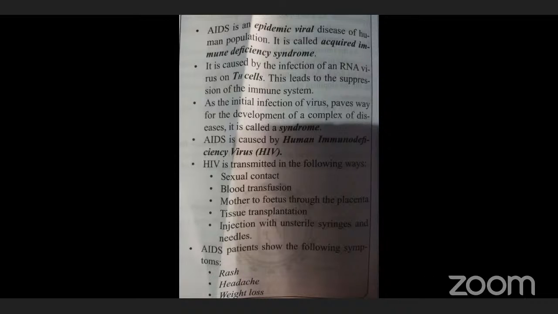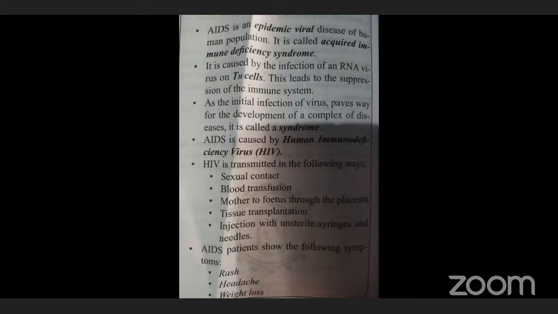This is a common one, it's easiest, but it is also an important question. AIDS is acquired immunodeficiency syndrome, which is caused by the human immunodeficiency virus, shortly called HIV. You should know this abbreviation.